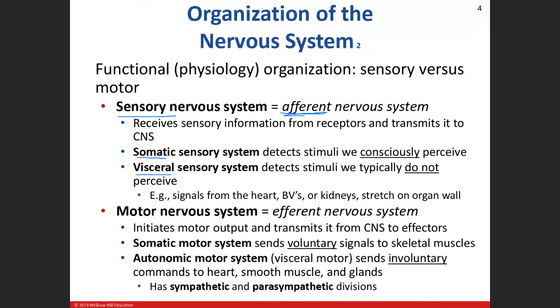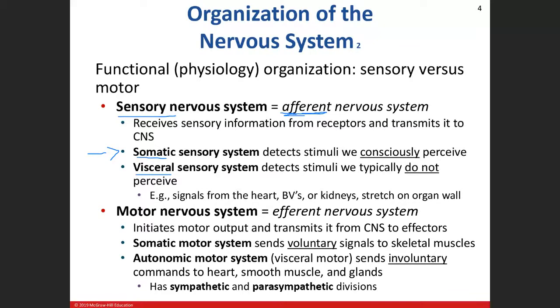When you hear or read somatic, think of the body, but more so think of what you can consciously or voluntarily control. So the somatic sensory nervous system is going to detect stimuli that you're consciously aware of. If your chair is hard, if it's soft, if your clothes are scratchy or itchy, if it's hot or cold in this room.